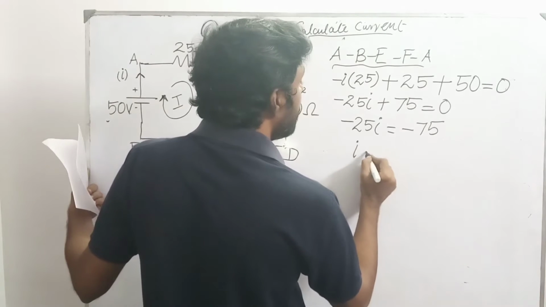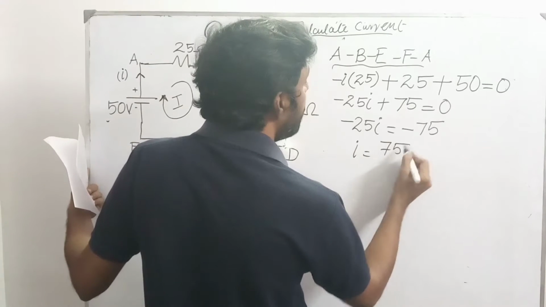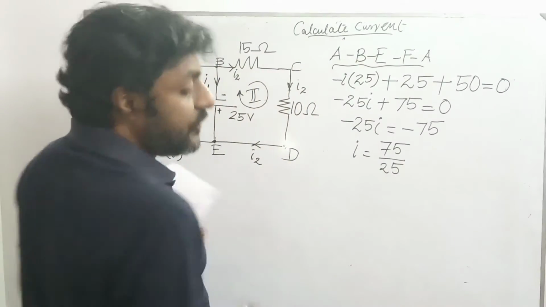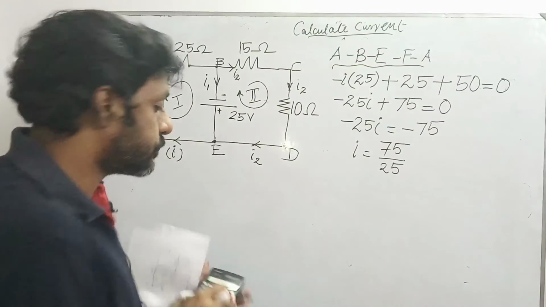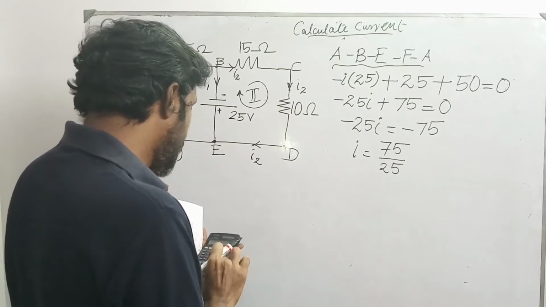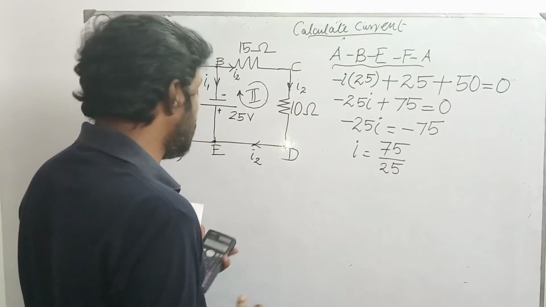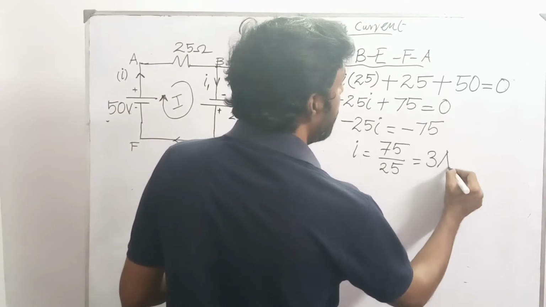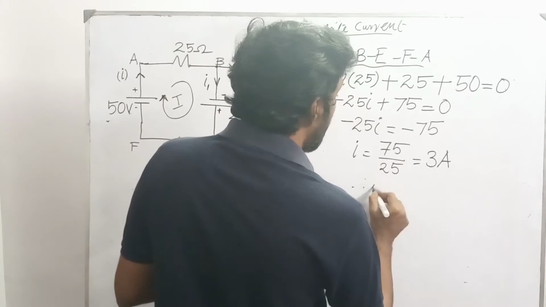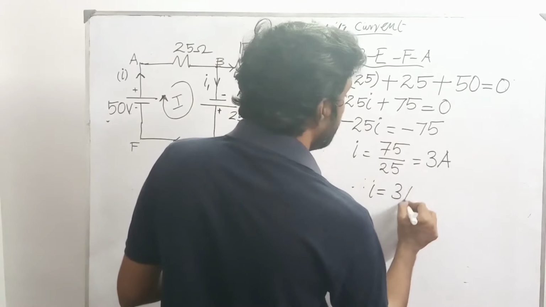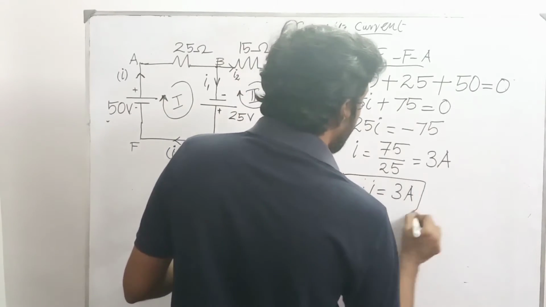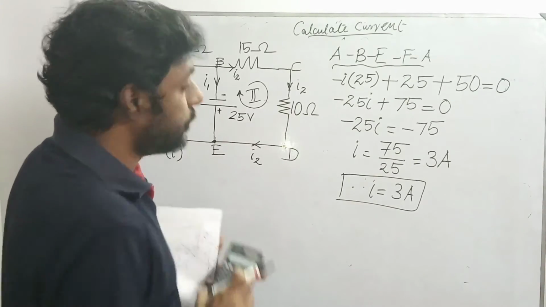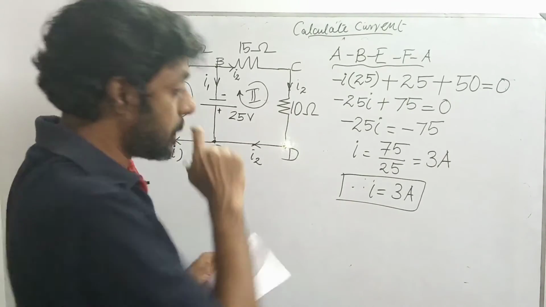Therefore, I is nothing but 75 divided by 25. So 75 divided by 25 is nothing but 3. Therefore, I is 3 amperes. The value of current I which is getting into this 25 ohm resistor is 3 amperes.